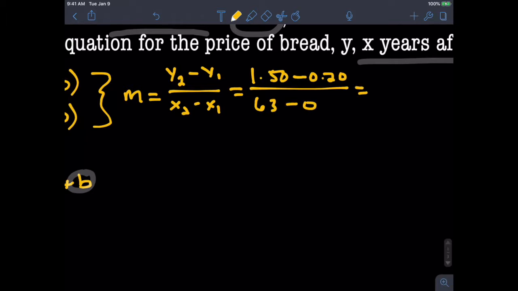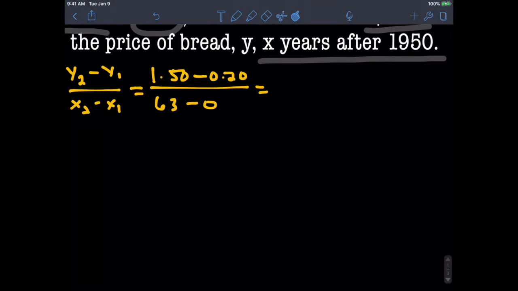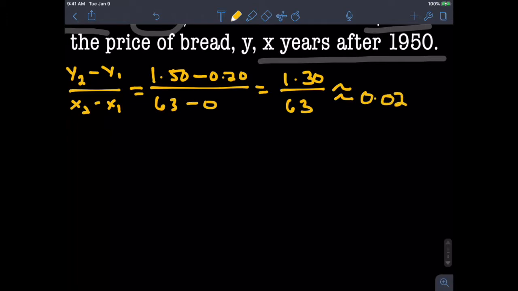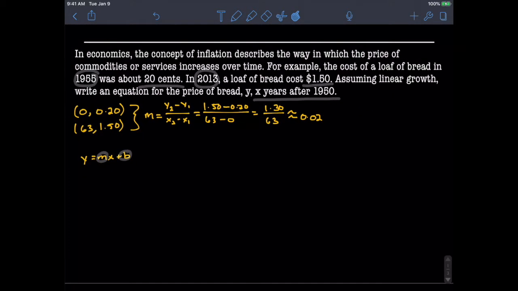That's why we're going to have 150 minus 20 cents over 63 minus 0. Doing all of our subtraction, we get $1.30 over 63, and this simplifies to approximately 2 cents, or 0.02. Okay, so we have our slope.